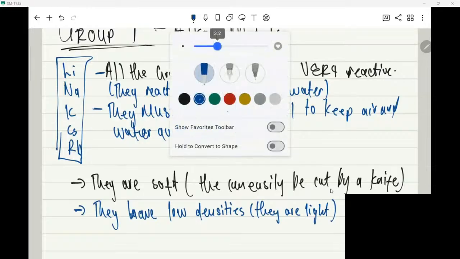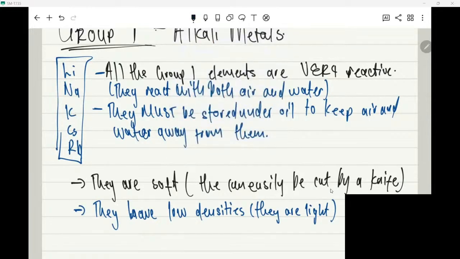What you should actually know is that lithium, sodium, and potassium, the first three, can float on water. That's how light they are.